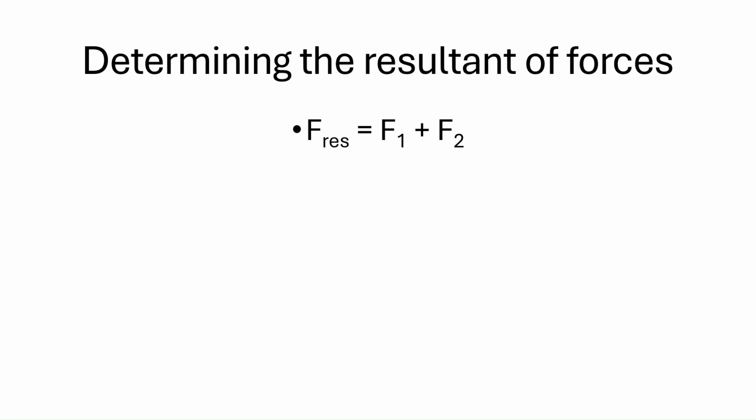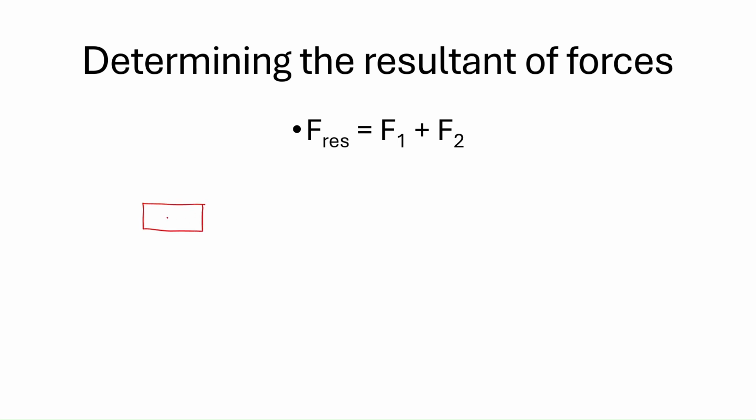So in the prior videos, we described all the kinds of forces occurring. How do you resolve all of those forces? We do it by finding the resultant force. And the formula for resultant force is F resultant is equal to F1 plus F2. And a simple example of this would be, let's look at a block.